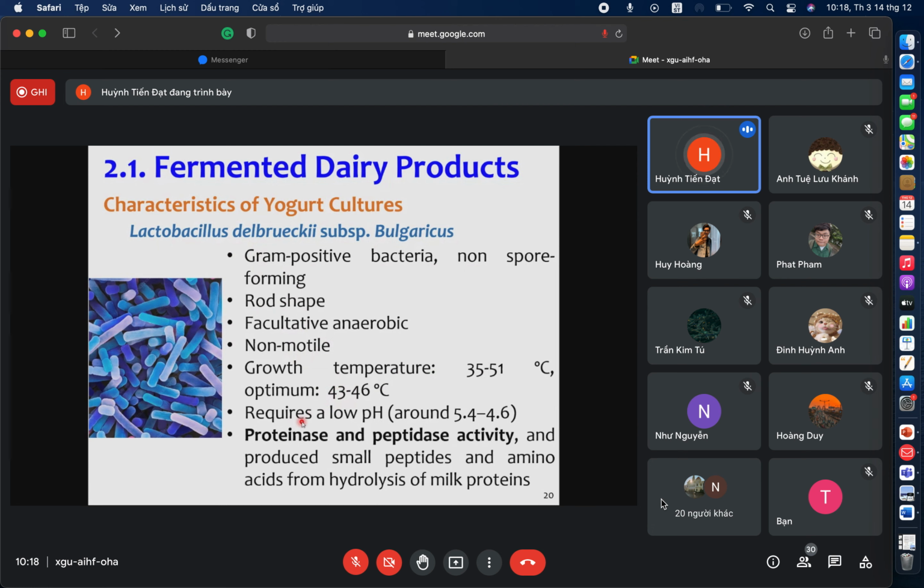So they require a low pH, around 5.4 and 4.6. They contain some proteinase and peptidase activity, so if the fermentation is too much, they can produce some small peptides. And small peptide, what does it mean? What do you think about the small peptide available here?